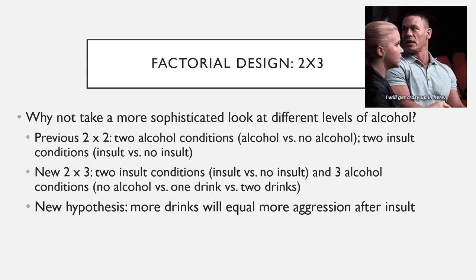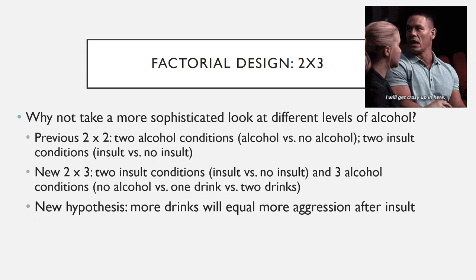The factorial notation, I will reiterate, the number of numbers stands for how many factors you have. So in a 2x3, there are two numbers. This is before you even read and interpret what the numbers themselves are. The fact that there are two values in that notation means that there are two IVs.